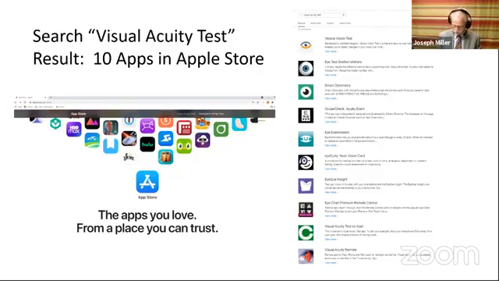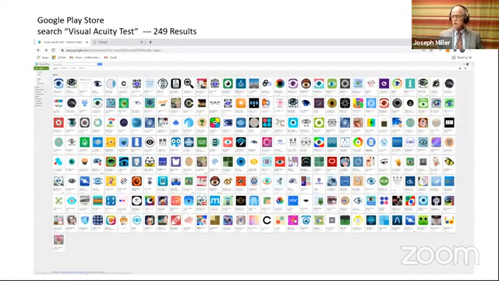This was confirmed in the next step when I went to the Google Play Store and found 249 results under the search term visual acuity test. Most of these apps had some attempt to measure acuity, and most of them appeared to present a simple scanned JPEG of a Rosenbaum near card, although there were some serious efforts to be found.